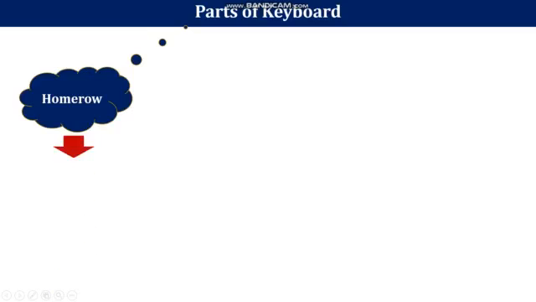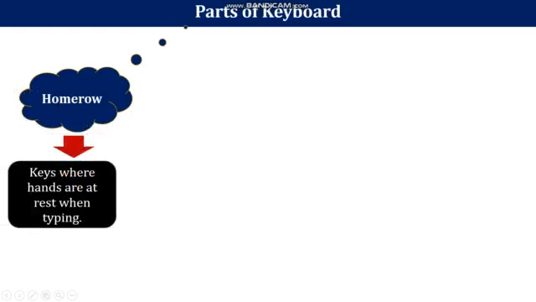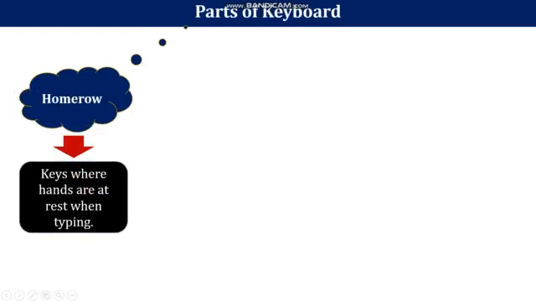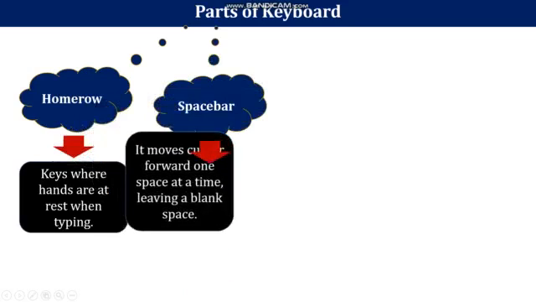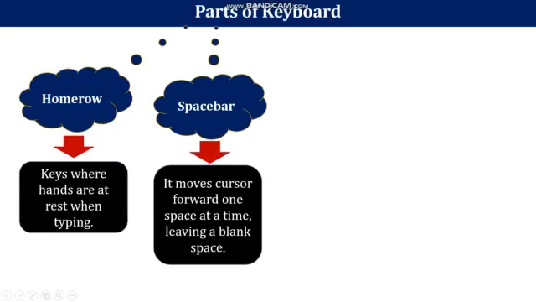Home row. Home keys are where hands are at rest when typing. Home row, right? We have read about this yesterday also, where our fingers rest when we are done with typing. Now next is the space bar. It moves the cursor forward one space at a time, leaving a blank.